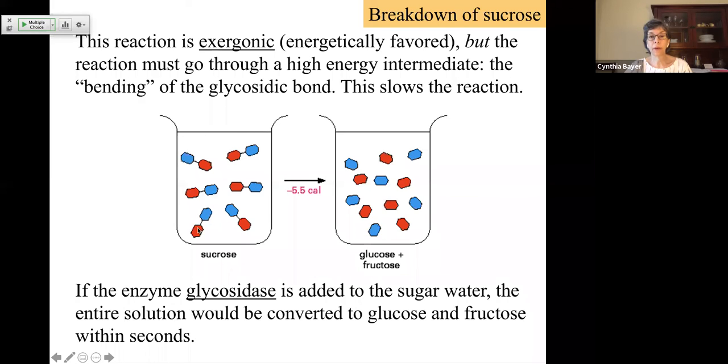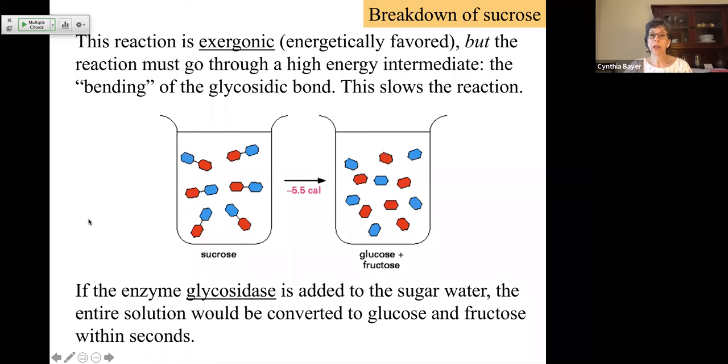The glycosidic bond that is joining those two monomers has to be distorted in order for that glycosidic bond to actually break and form new bonds that result in the release of glucose and fructose.